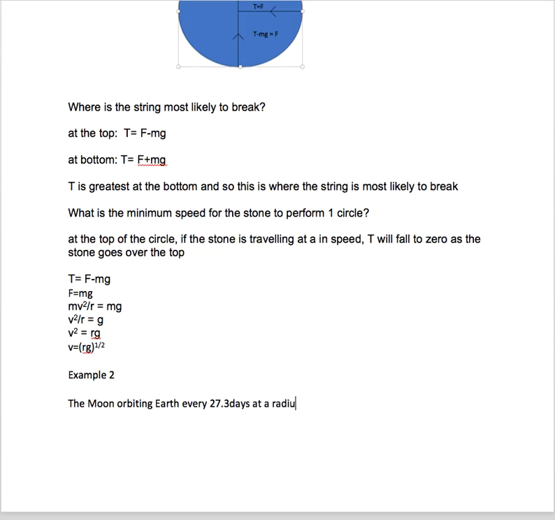At a radius of 400,000 kilometers, which of course we'll have to work into meters.